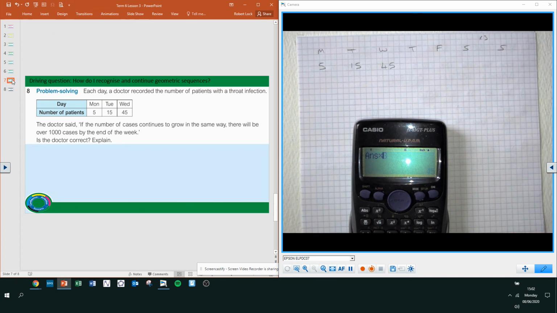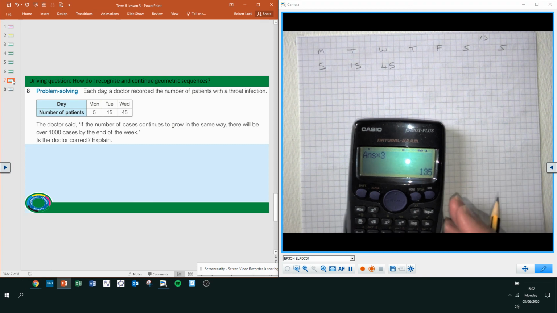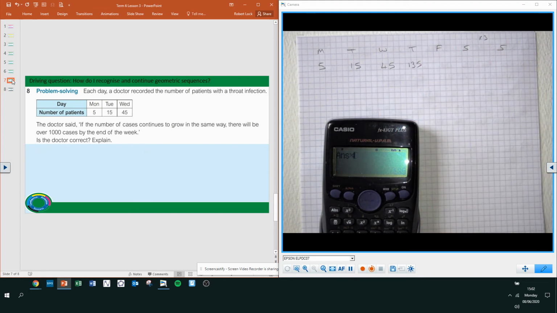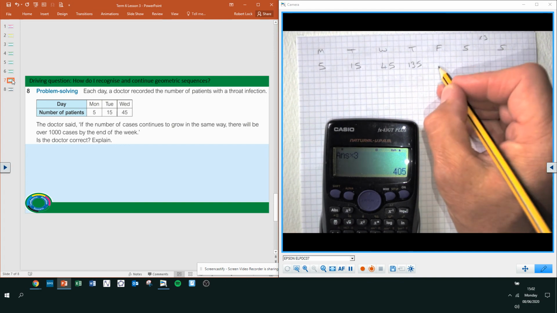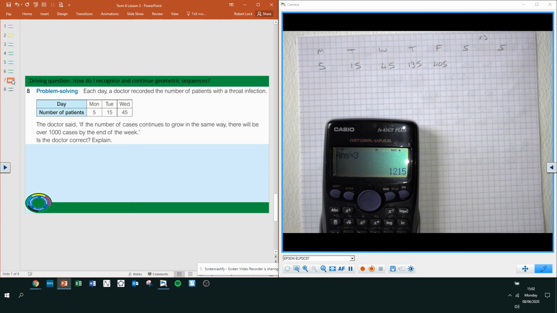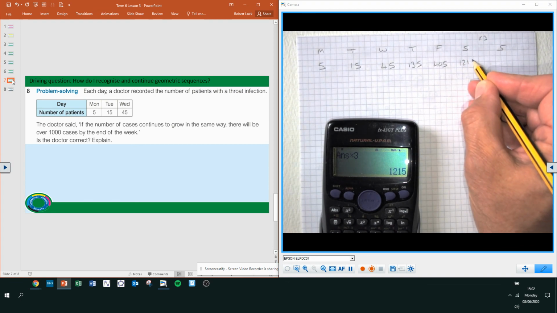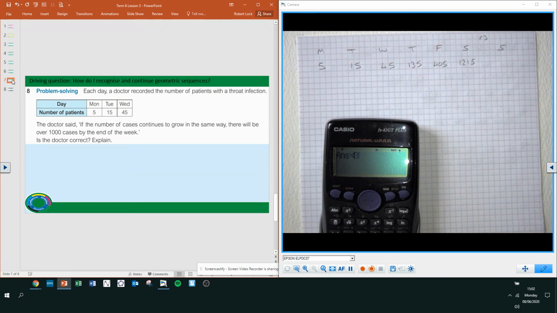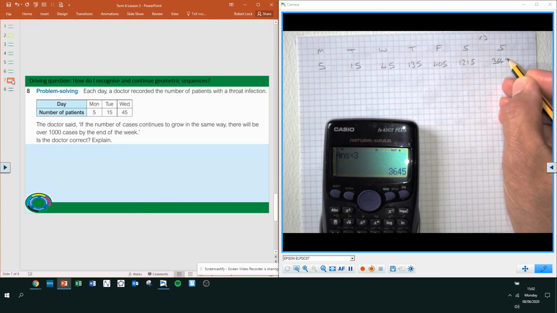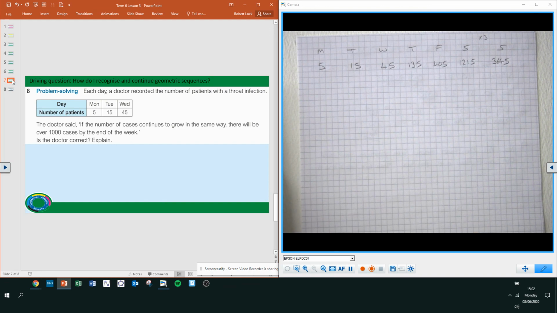So 45 times by 3 equals 135. Times by 3 again for Friday, 405. Times by 3 again makes 1215. And for those who want to know what the answer will be for the end of the week, 3,645. So yes, the doctor is correct.